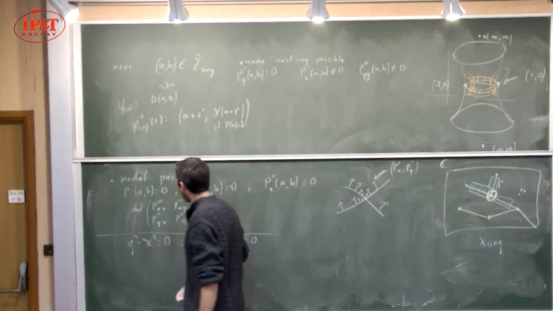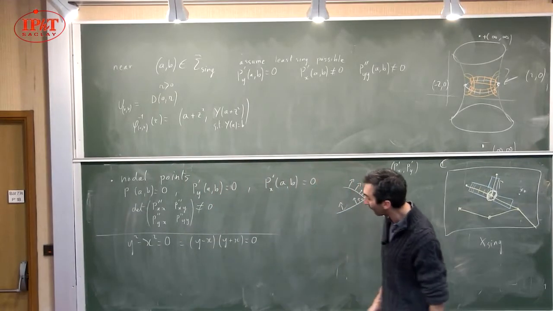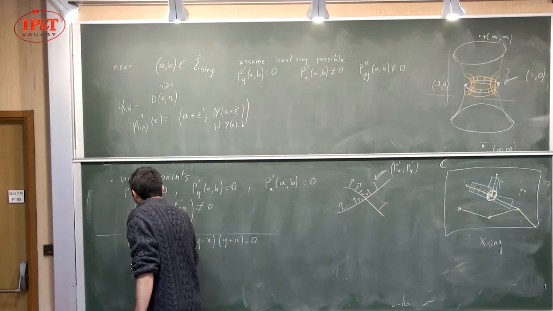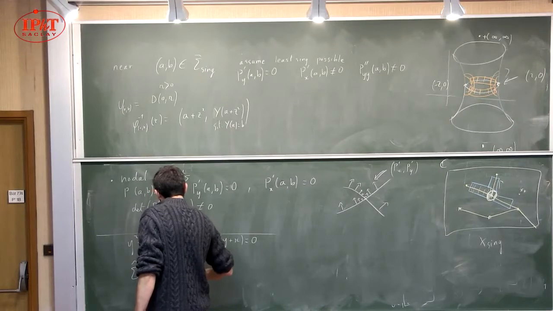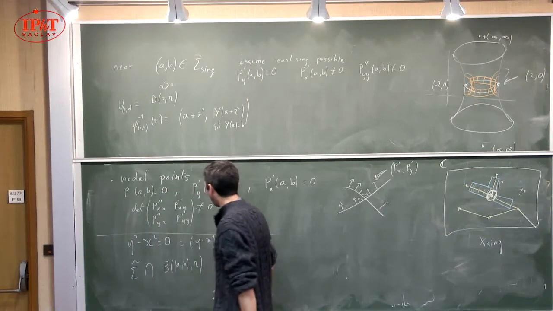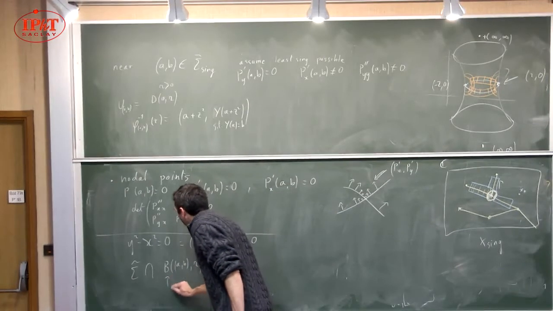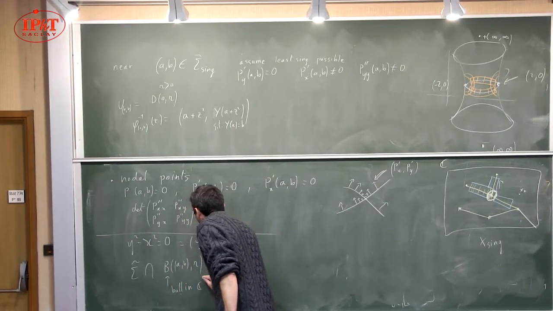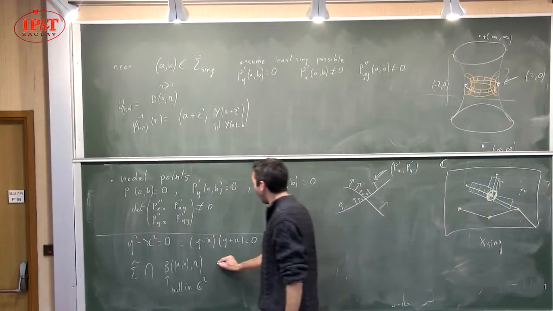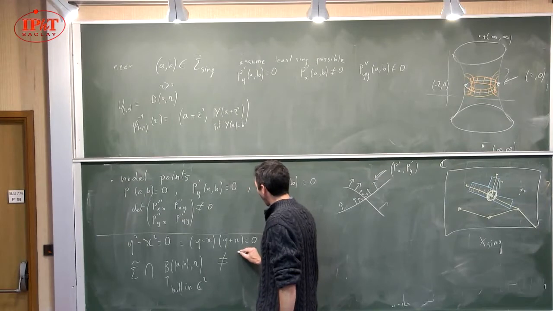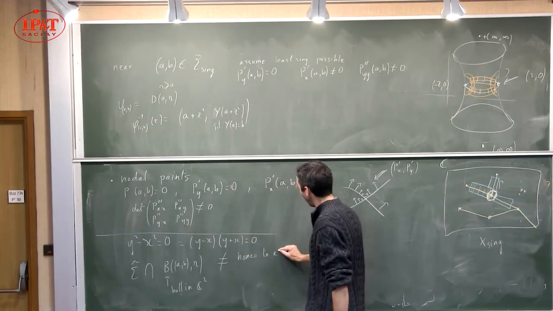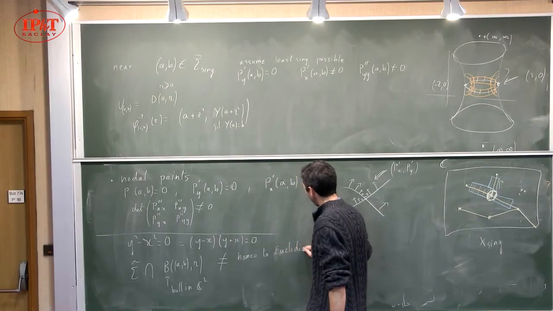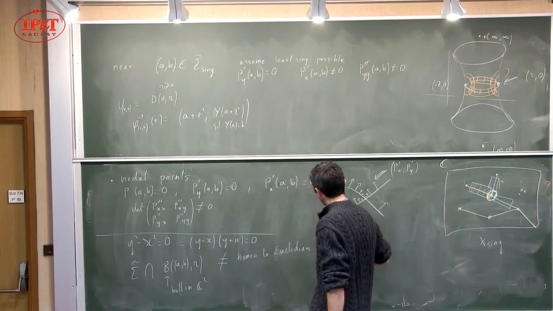So this point, what happens in the vicinity of this point (a, b)? Well, first, it's easy to see that if you take sigma tilde and you intersect it with a certain ball of center (a, b) and some radius r, so it's a ball in C squared, this is not homeomorphic to a Euclidean open set.